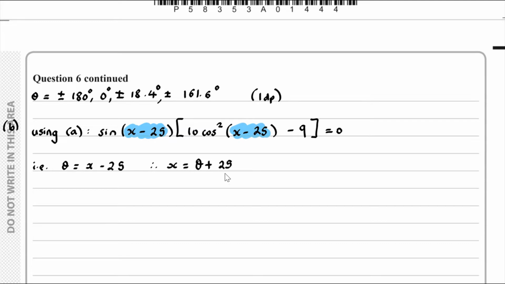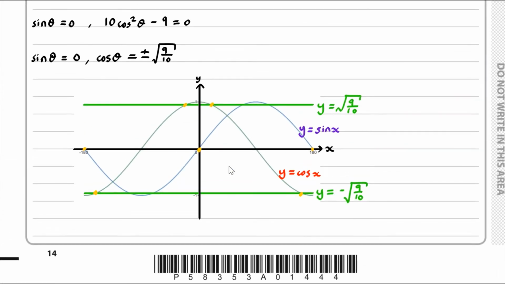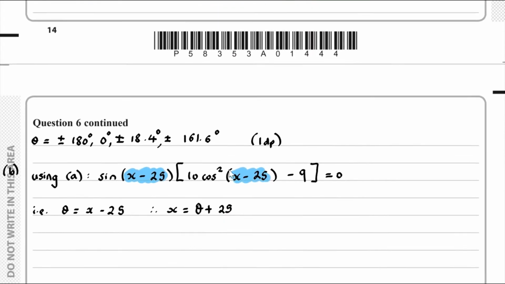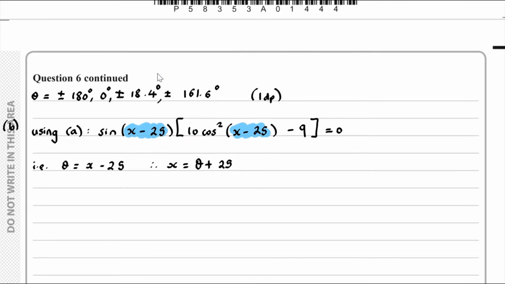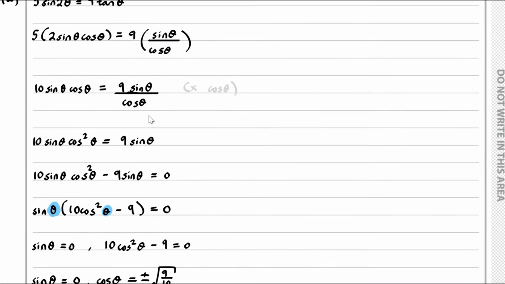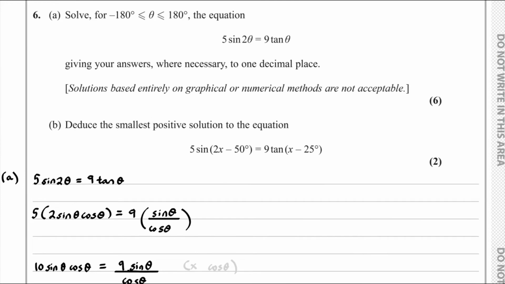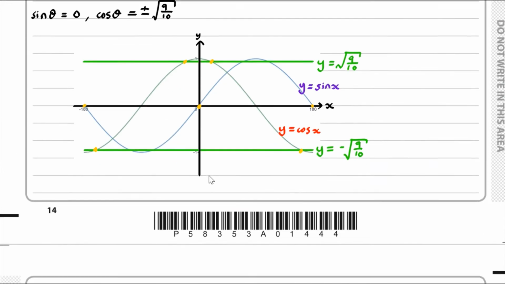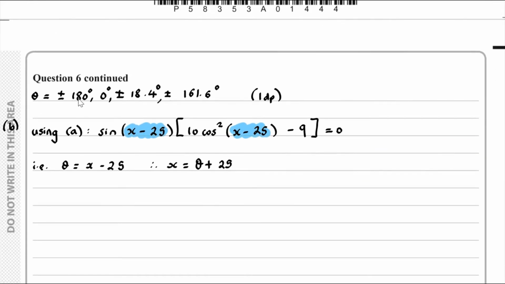And the smallest value of x would occur when theta is equal to minus 18.4. Because remember, in the question, we're looking for the smallest positive solution. So obviously, we're not going to be considering this plus minus 180, because once we add 25 to it, it's still too big.